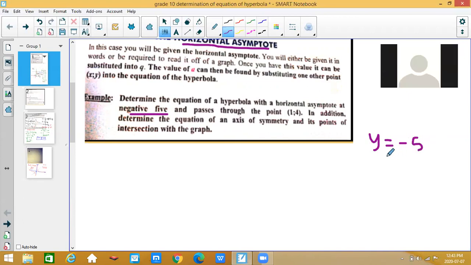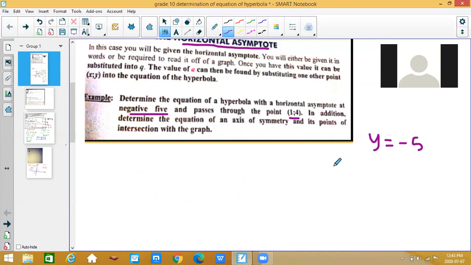This is the horizontal asymptote. And it passes through the point (1, 4). In addition, determine the equation of the x and its point of intersection with the graph.